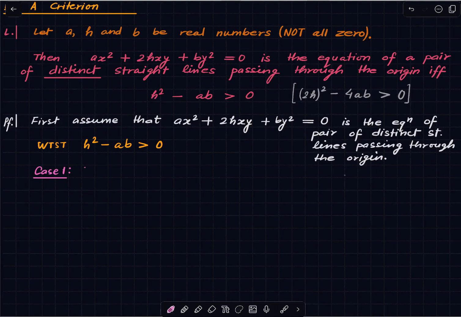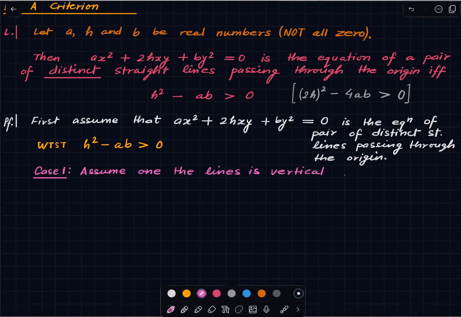So assume one of the lines, both cannot be vertical because these are distinct lines. So assume one of the lines is vertical, which is to say that it is equal to x equals 0 or captured by x equals 0.